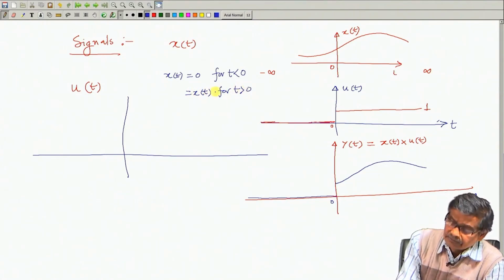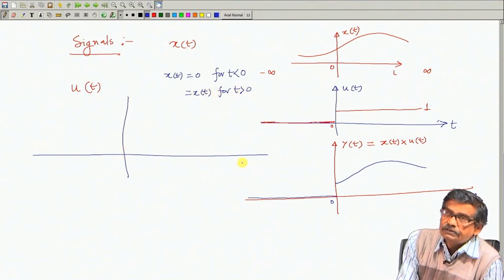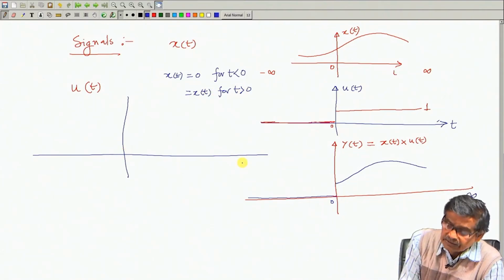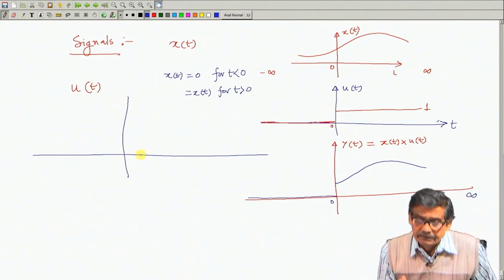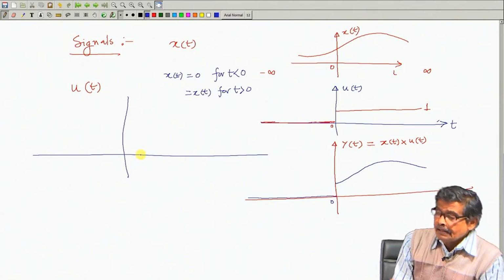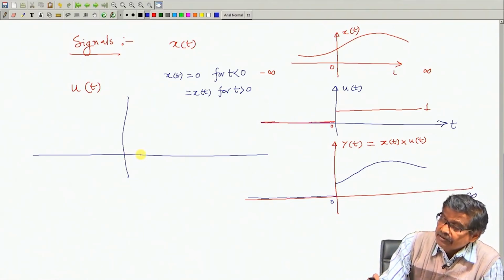That is how it is for signals which start beyond t equal to 0. Before that, I will presume the signal is not present. So, the unit step function and this one.